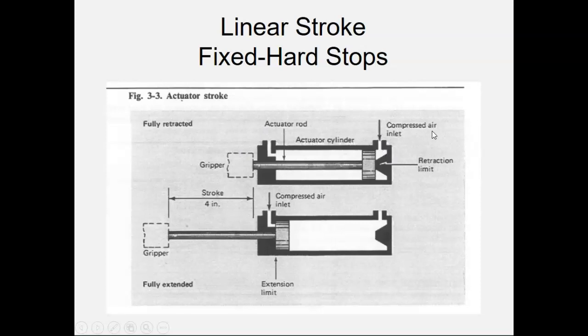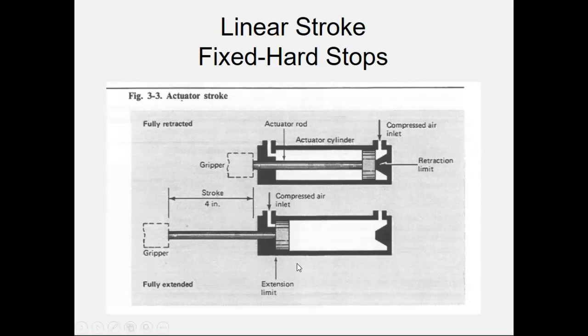But it's looking for compressed air to push into the cylinder so it can push against this base and extend your rod. Does that make sense? So it's taking air power and converting it into linear motion. Quite literally. Okay?